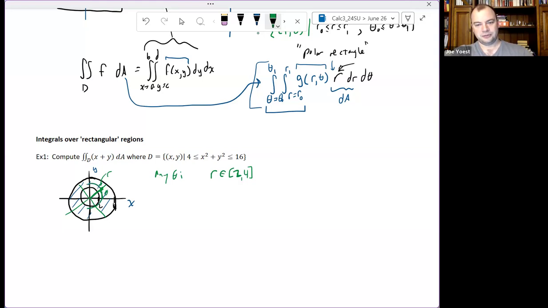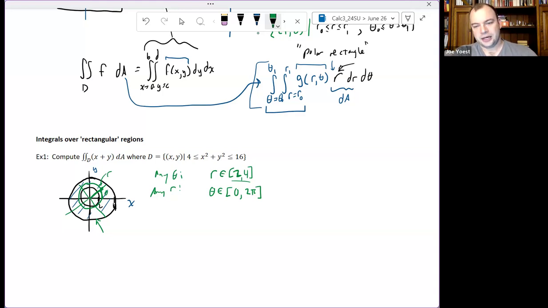That whole circle of whatever radius between 2 and 4 is included in this domain. So for any r between 2 and 4, I can pick theta anywhere between 0 and 2 pi. If I let theta range from 0 to 2 pi, that brings me all the way around the circle. And if I let r range from 2 to 4 for each of those thetas, that also describes this whole domain D.